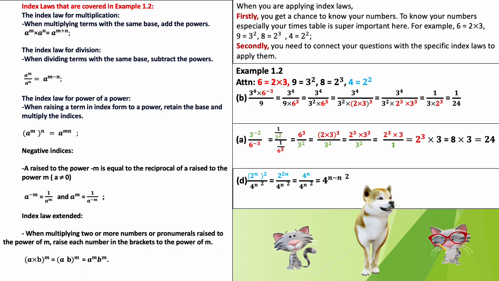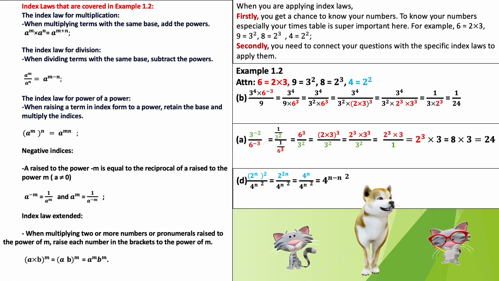Example 1.2 B: 3 to the power 4 multiplying 6 to the power of negative 3 over 9. To start this question, we first look at 6 to the power of negative 3.